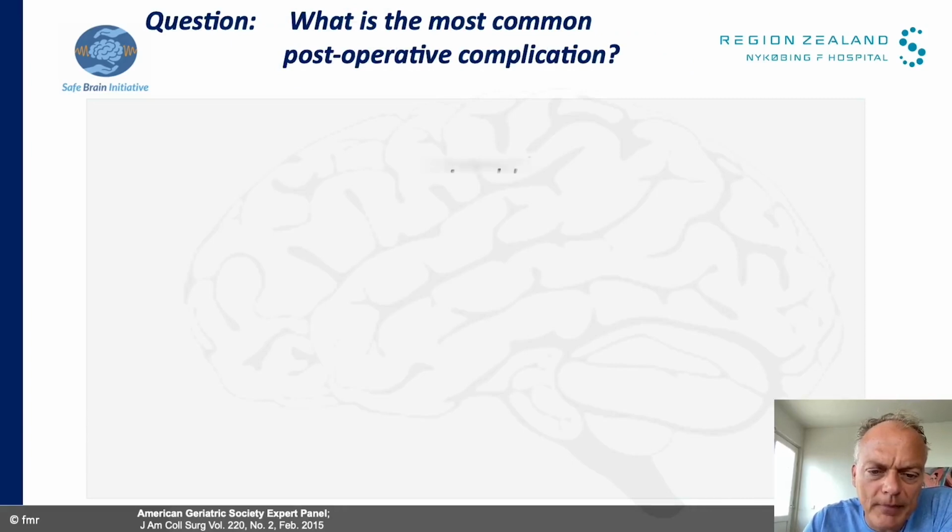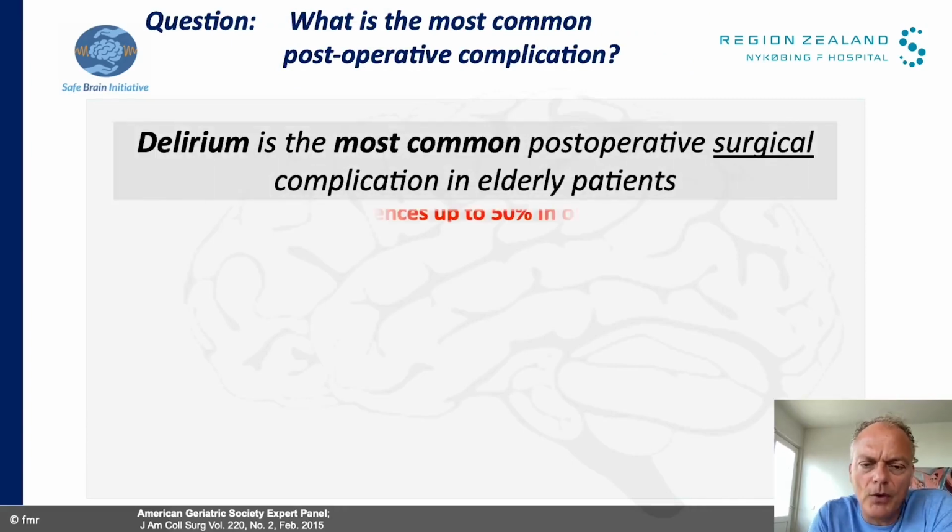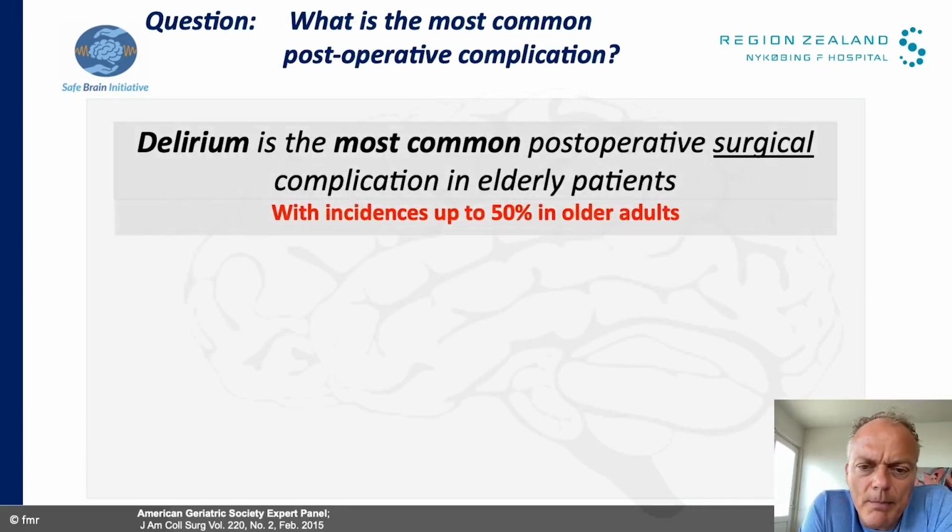And we have known for a lot of years that postoperative cerebral dysfunctions such as delirium are very common. These are the American Geriatric Society guidelines: delirium is the most common post-surgical complication, with up to 50% depending on which group you analyze after surgery.